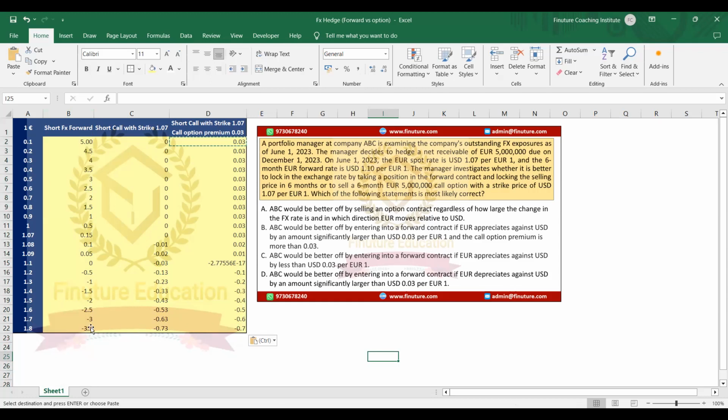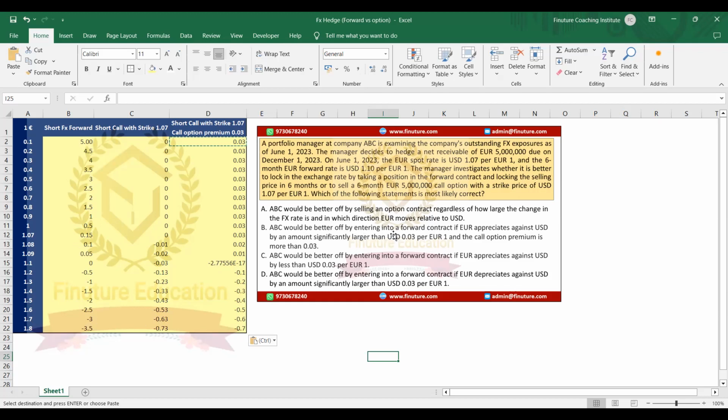So we cannot conclude that the forward is better if the amount moves more than 1.1 million. You can think of 1.8 or any number. After 1.2, all the losses are higher than the option in the short forward contract.